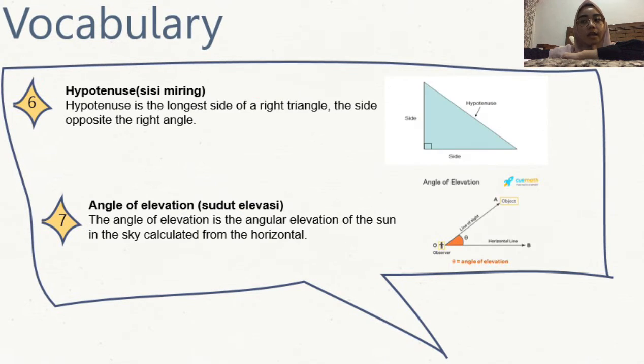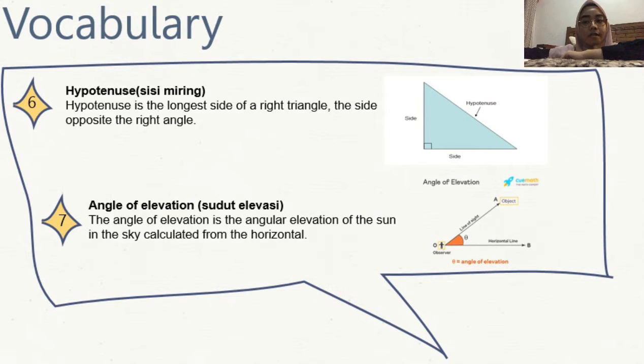Next, hypotenuse, sisi miring. Hypotenuse is the longest side of a right triangle, the side opposite the right angle. For example, next, angle of elevation, sudut elevasi.